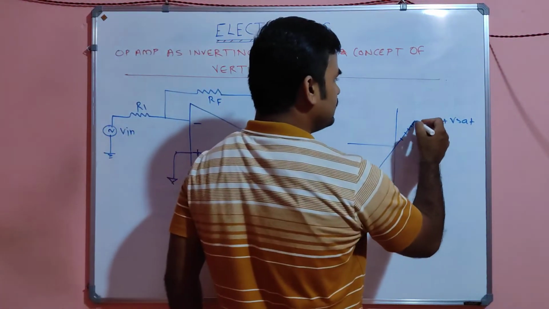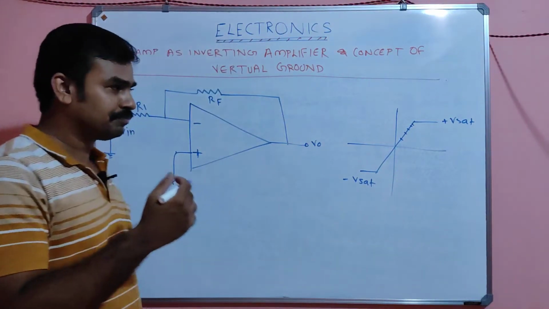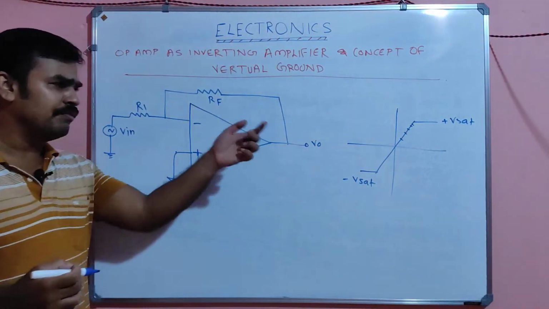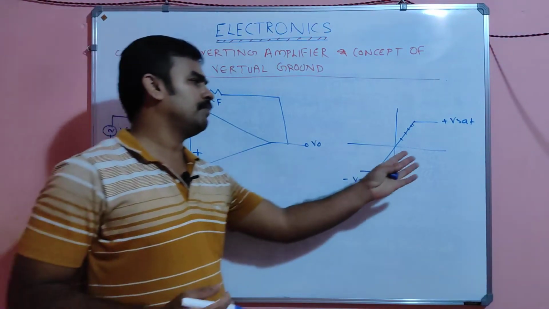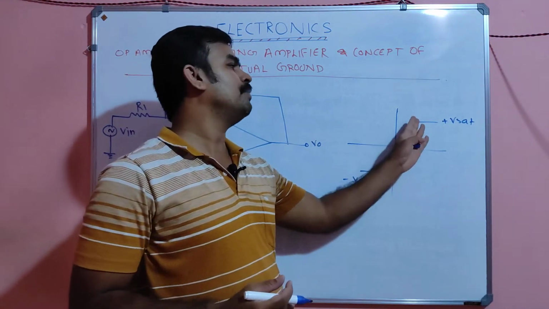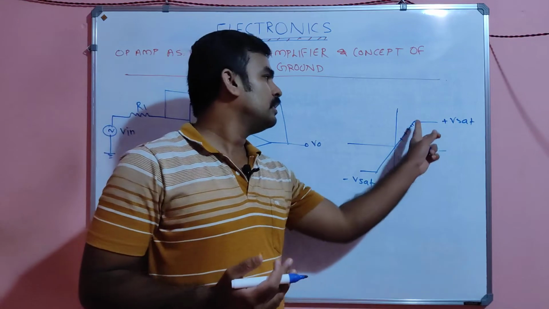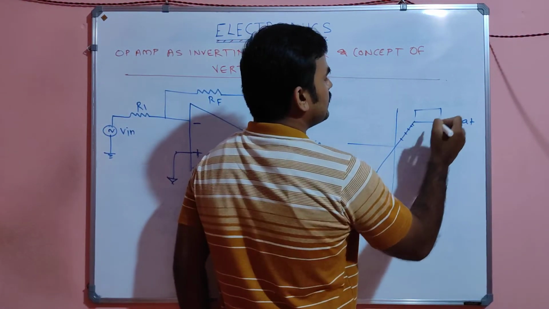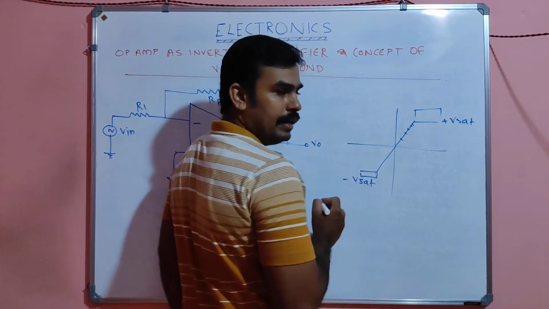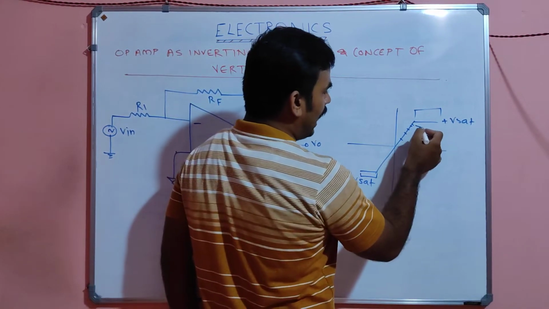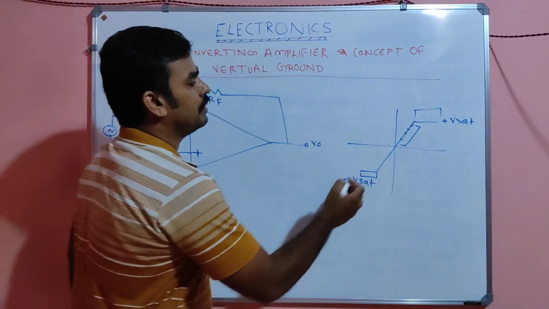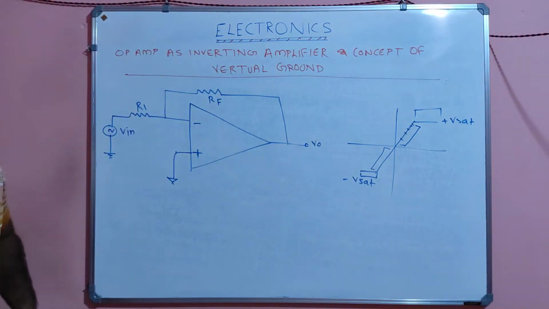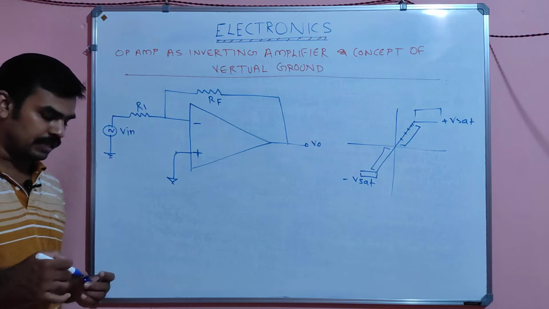If you are operating this device in the saturation region, what happens? We can't control our gain, because whatever the difference in input, the output will be a constant V sat. So this region is not suitable for a transistor as an amplifier, or an op-amp as an amplifier. For amplifying, we prefer this linear region.